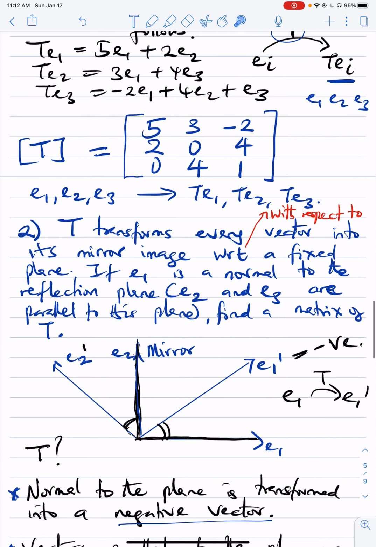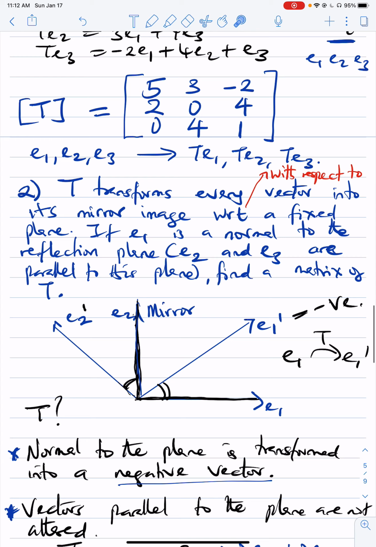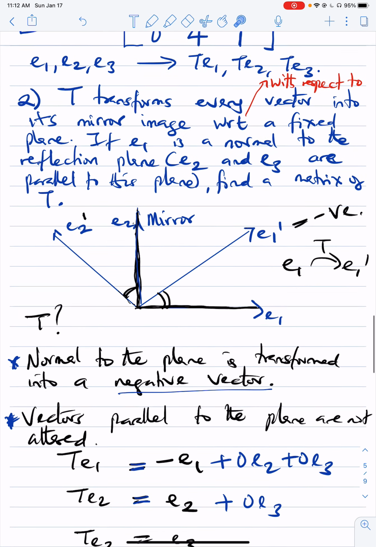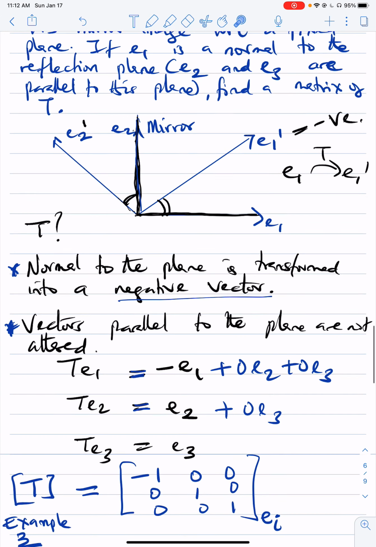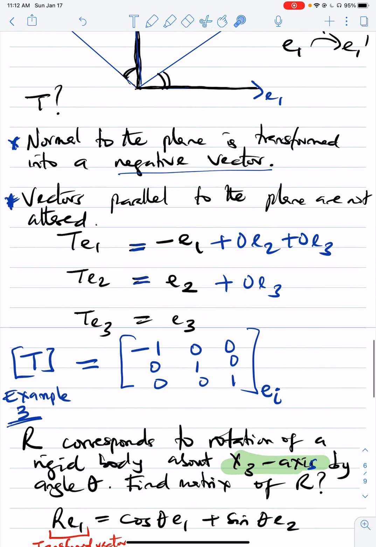And I did other examples to explain that if you have a vector that is normal to the plane, it's transformed to the negative of it, a mirror image. But if the vectors are parallel to the plane, it's not altered at all. So that's why TE2 and TE3 did not change.